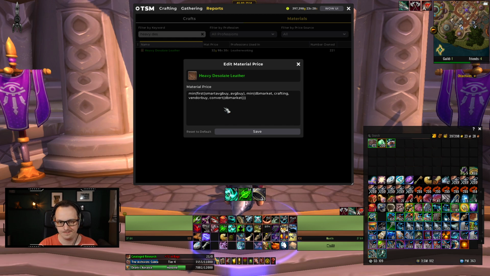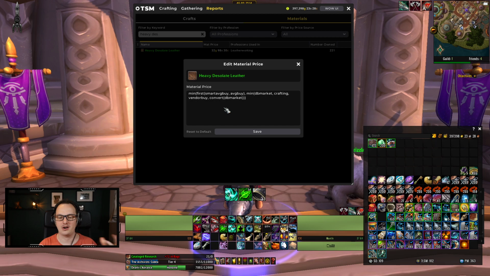So often, if you've never bought any of the materials needed to craft an item, TradeSkillMaster will just default to the market price for those materials, which is often not necessarily 100% accurate. This is the nice thing about TradeSkillMaster. It becomes smarter the more you use it.